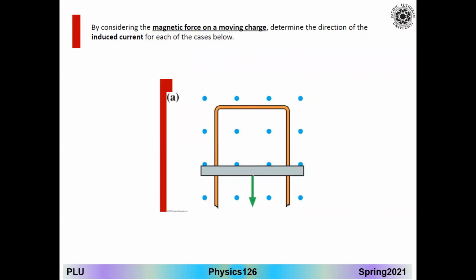I will use the right hand rule to identify the force on, for example, a positive charge. So what is the direction of the force? Using the right hand, I find the force is located in this direction. That means my positive charge will be on this side, and similarly the negative charge, by the right hand rule, will point to the other side.